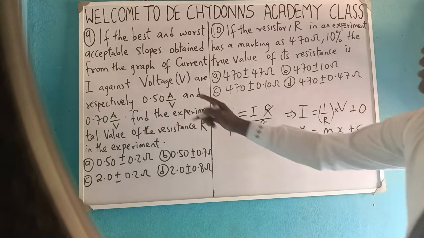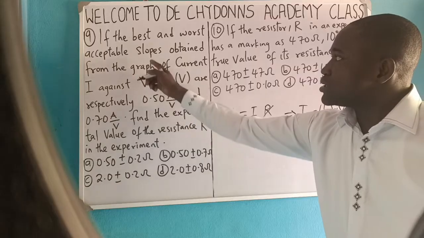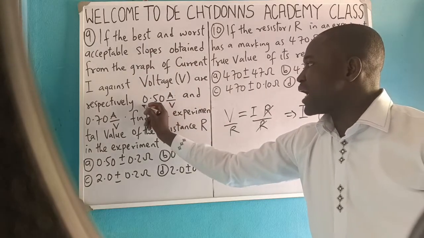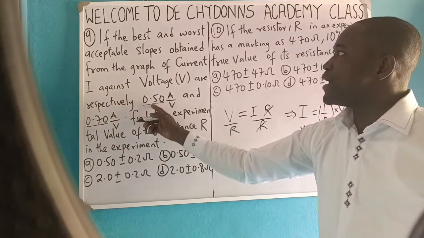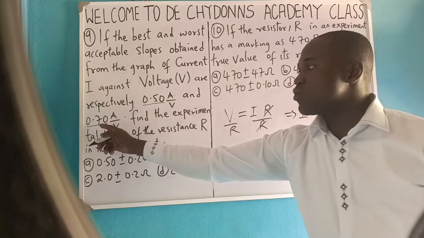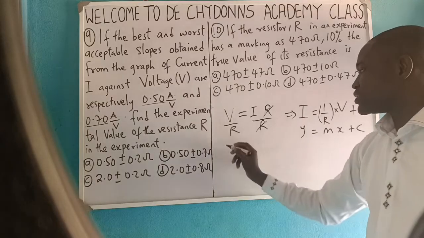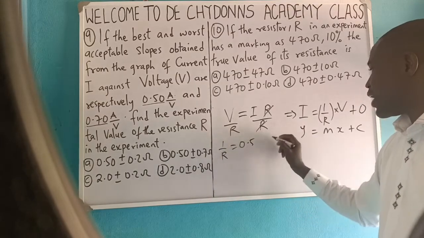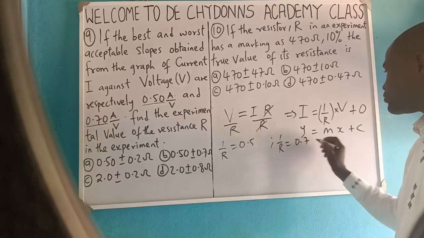That means from the graph, the best and worst acceptable slopes mean that this is 1 over R and this is 1 over R. This is the best slope, or the best 1 over R, and this is the worst 1 over R. And so 1 over R is equal to the best one, and also 1 over R is equal to the worst one.